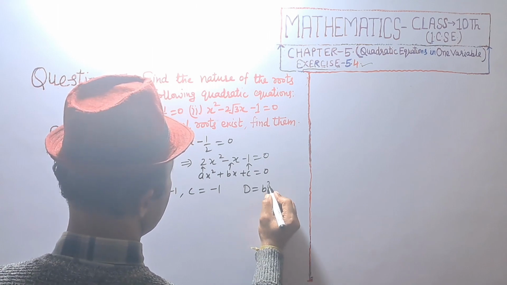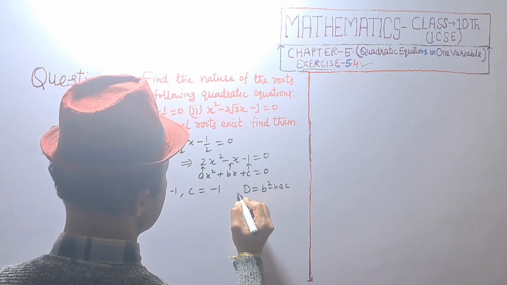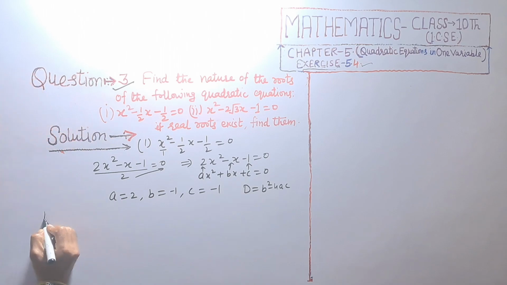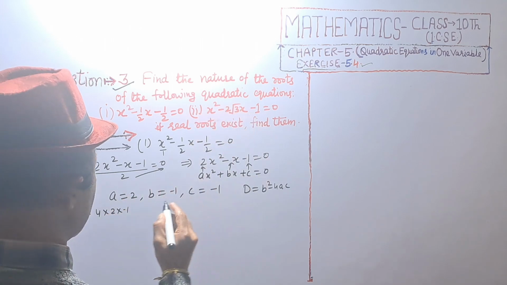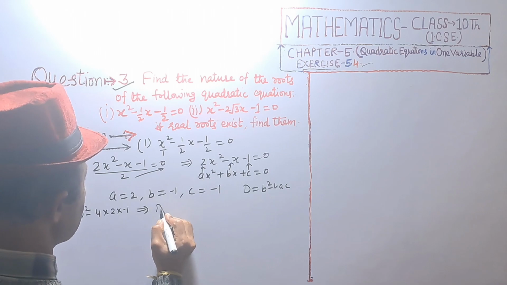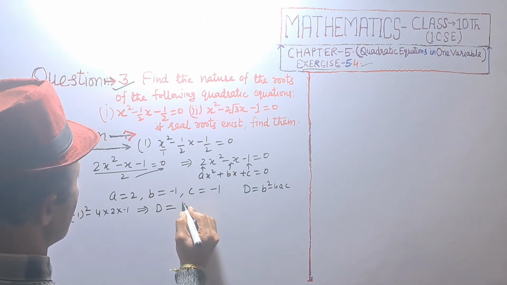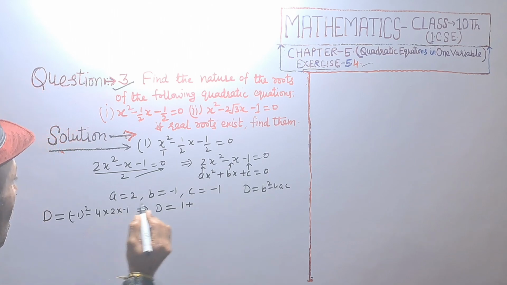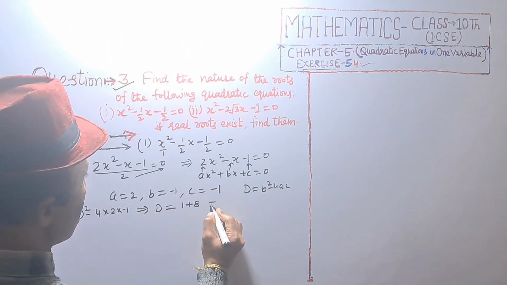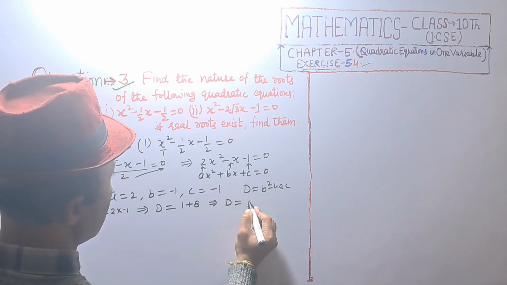Discriminant D is equal to b^2 - 4ac. D is equal to (-1)^2 - 4 into 2 into -1, which implies discriminant D is equal to 1 + 8, which implies discriminant D is equal to 9.